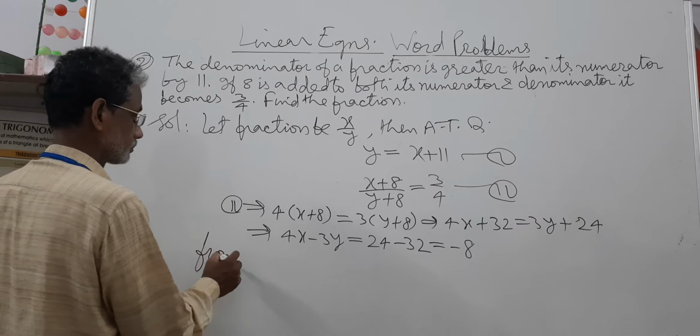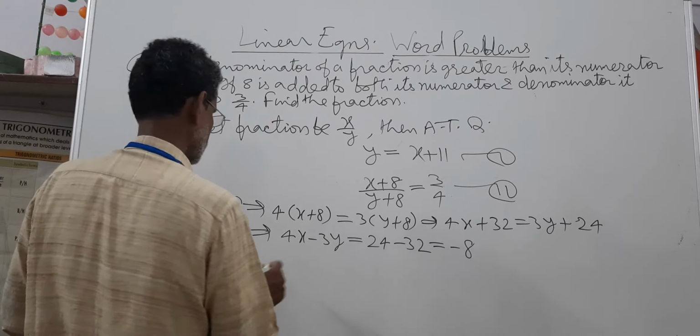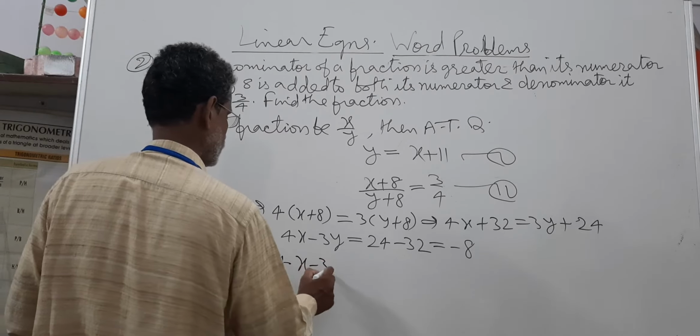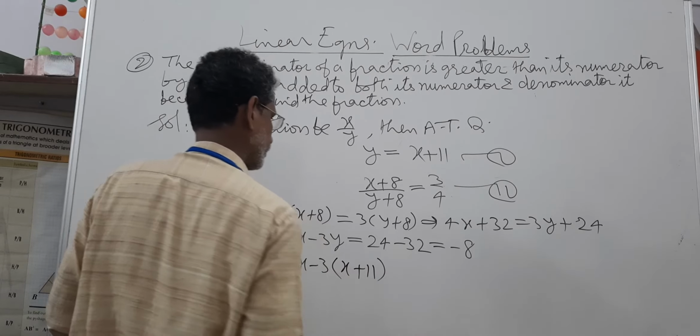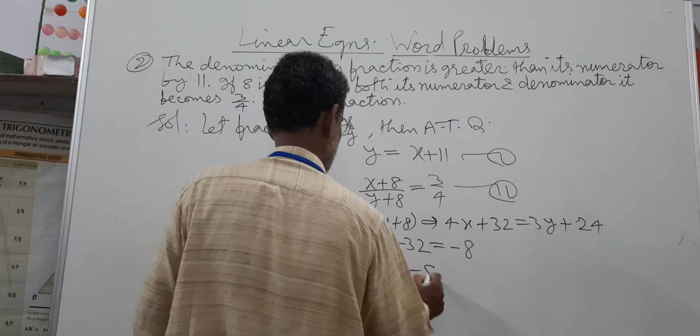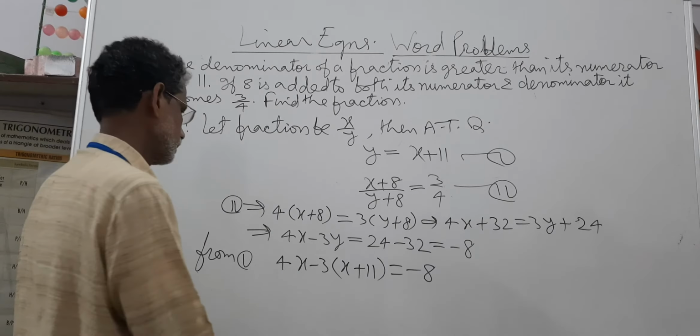From 1, 4x minus 3 into x plus 11 is equal to minus 8.